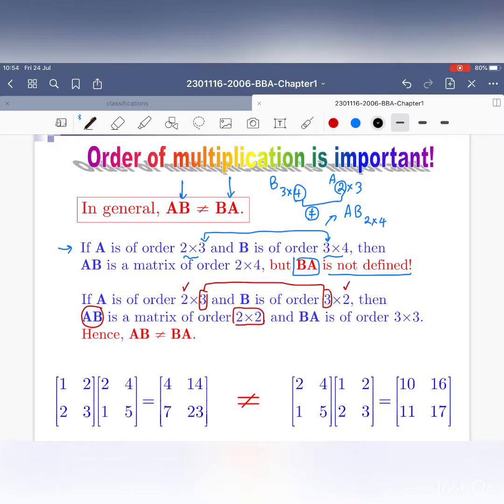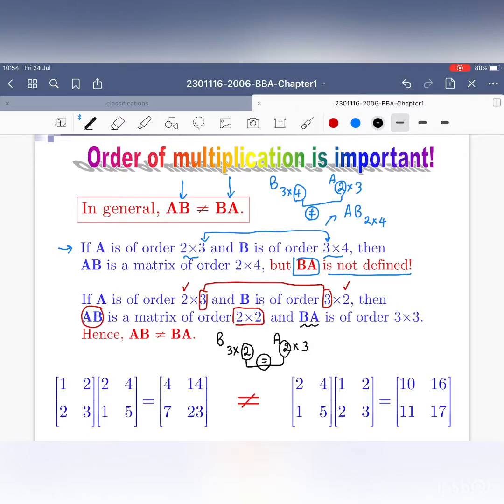And if you do B first, which is a 3 by 2 matrix, together with A, which is a 2 by 3 matrix, the columns of B and the rows of A are the same. So it means that B times A can be defined.